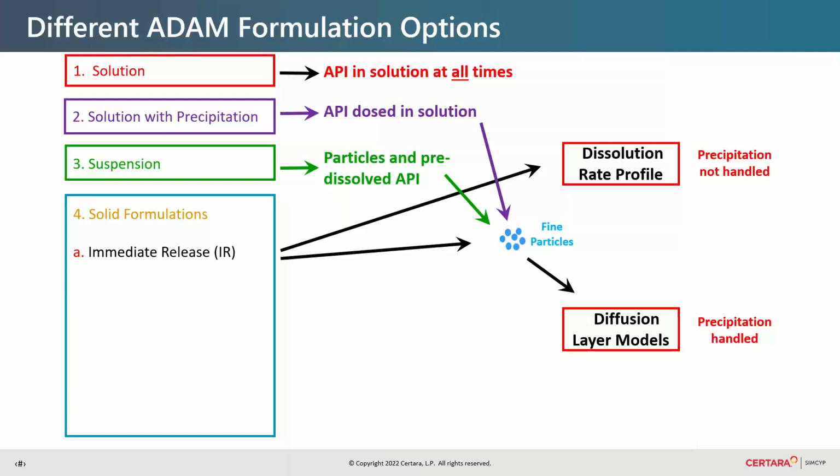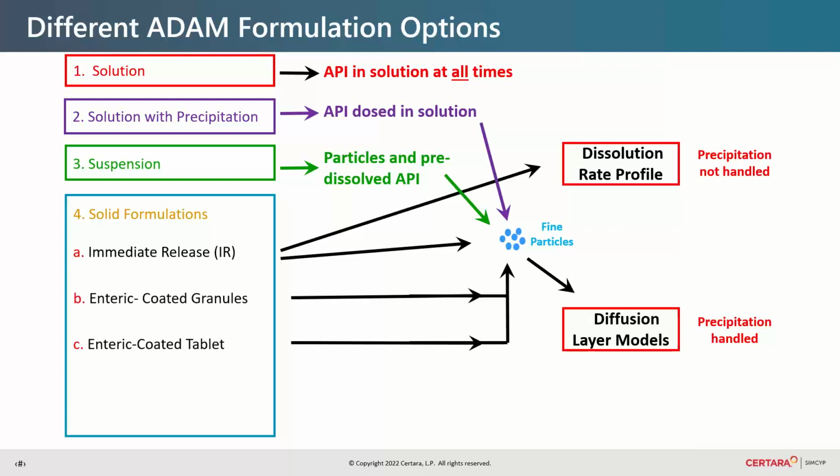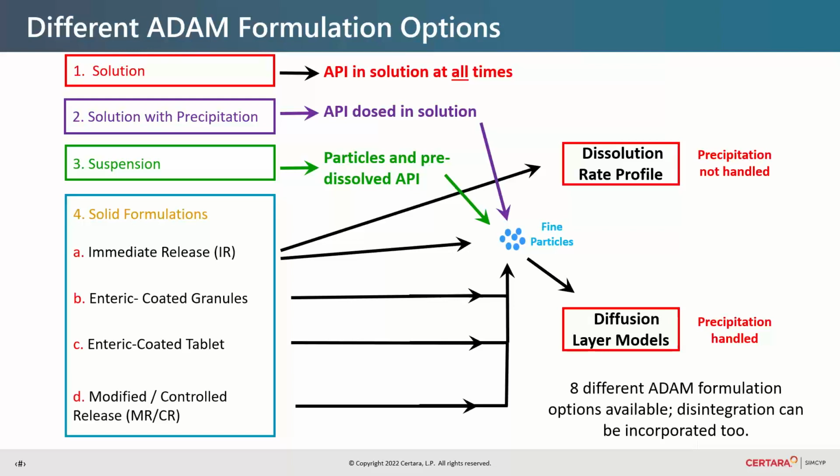So they go into solution, and depending on the properties of the compound in the different individuals, you may or may not see precipitation. You can account for enteric coated formulations, either granules or tablets, and we can also account for modified or controlled release. Within the ADAM model, there are quite a lot of options available to investigate different formulations and to see what the impact will be on the pharmacokinetics.